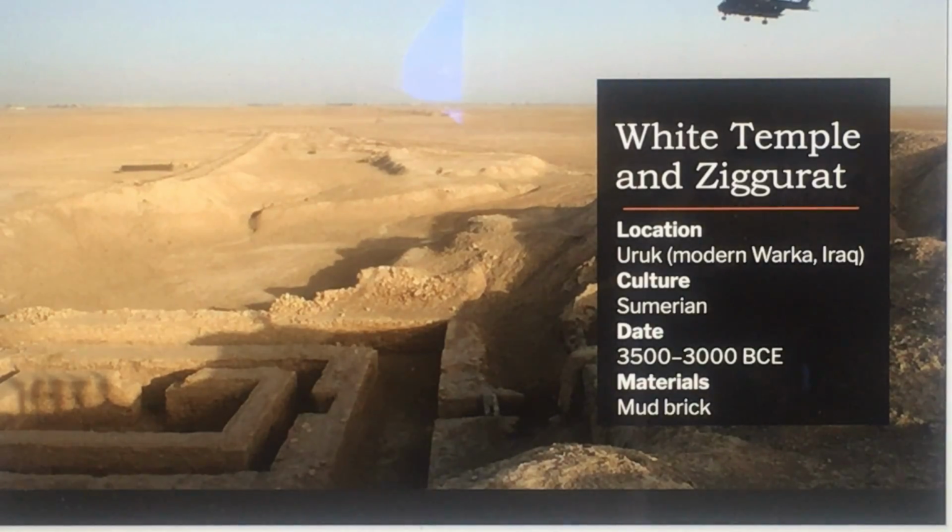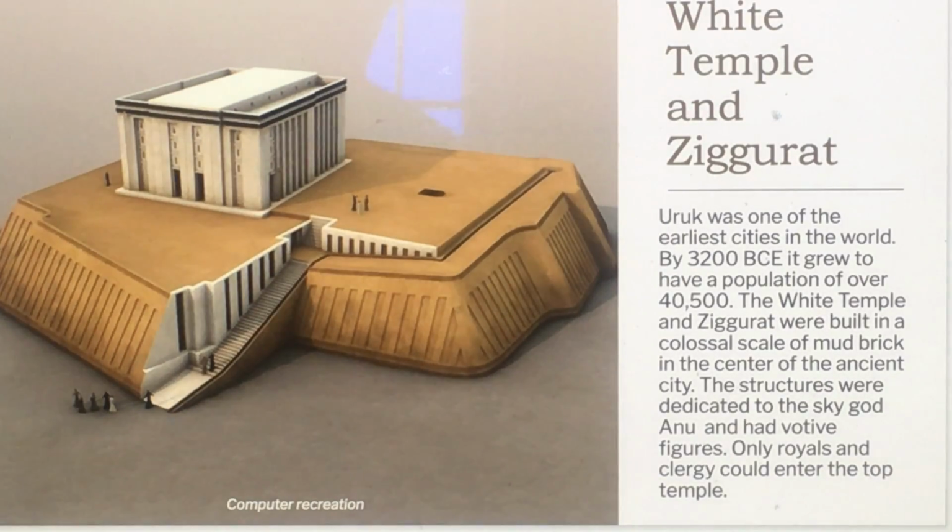The White Temple and the Ziggurat. Uruk, modern Warqa, Iraq. The culture is Sumerian, and the date is 3500 to 3000 BCE, and materials are mud brick. Uruk was one of the earliest cities in the world.